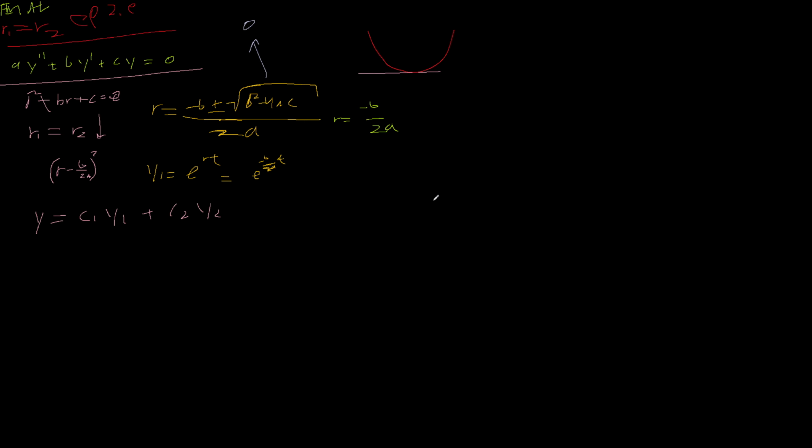The best way to think about this y2 is that y2 is going to be some function x of t times y1, and y1 is going to be e to the rt, and these are going to pretty much vary by a non-constant factor.